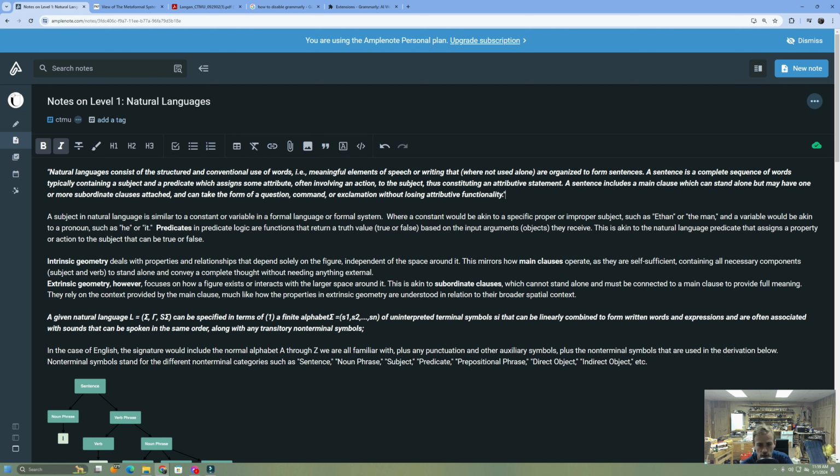So the subject in this case is the object that the predicate is assigned to. Here the object is the subject. It's a little bit confusing, I guess, but it works. And that statement that's made about the subject can either be true or false.